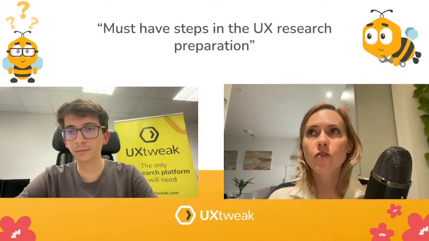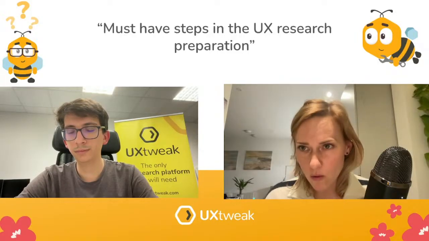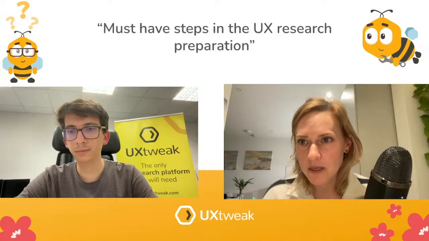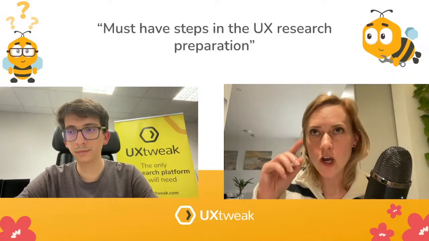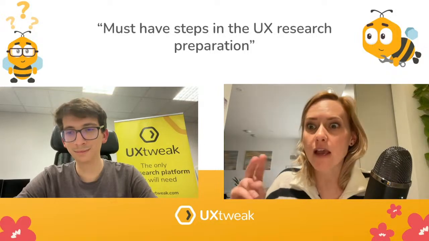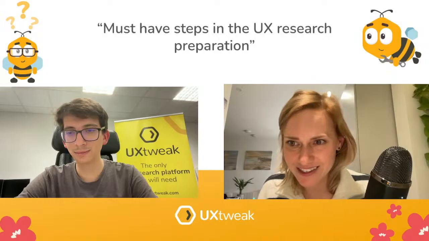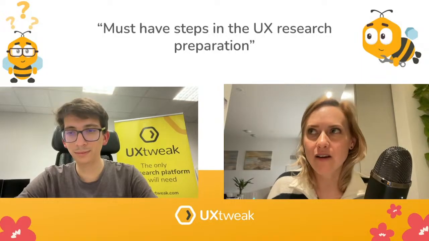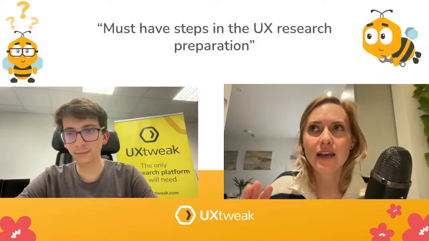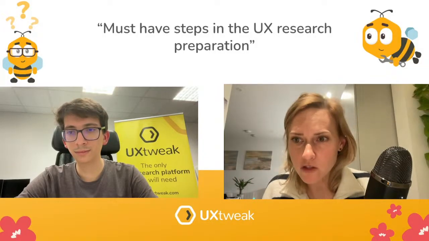And then from there, make sure that your research goals are really clear, because those goals will tell you who you need to talk to, so participants, and what method you need to choose. Then write that research plan, write that all down, and go back to your stakeholders and ask, does this make sense? So really getting clear on what the stakeholders need, what your success criteria is, and then what your research goals and expected outcomes are.